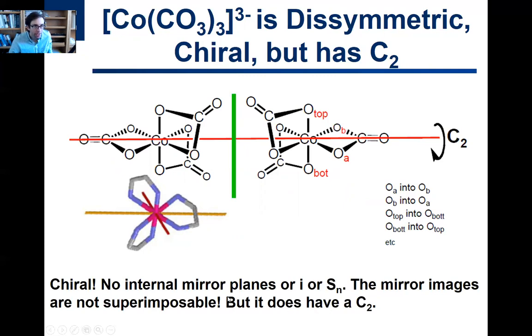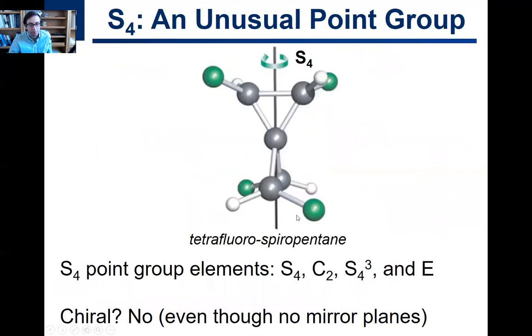But there's no mirror plane, so that kind of tells you, well, probably it's chiral. But importantly, there's no SN also. No mirror planes and no SN. And so the mirror images are not superimposable, so it is chiral. But it does have a C2, so there is some symmetry there, right? So we call it dissymmetric.